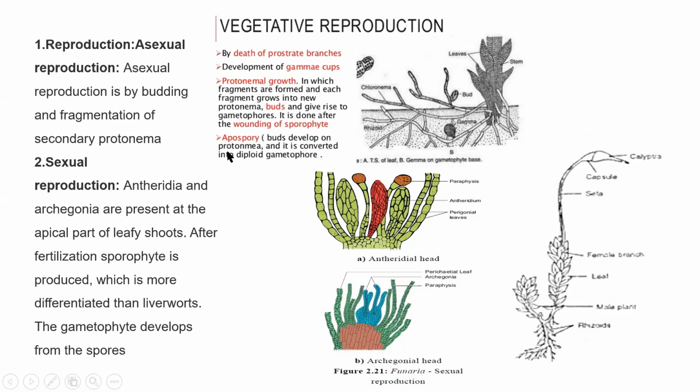And you have another way, apospory, which is found in mosses. Apospory, apogamy, we will say. That is, there will be only one life cycle.